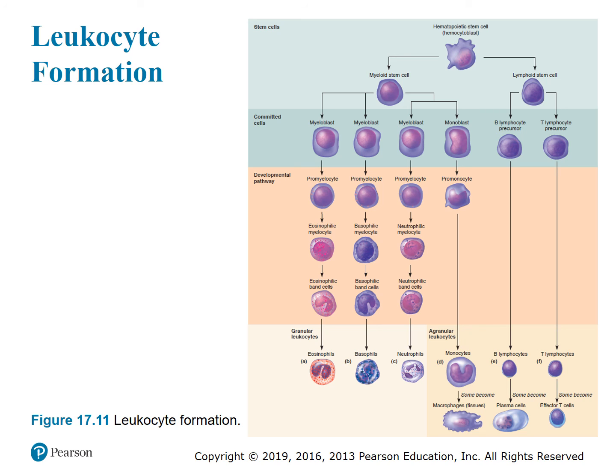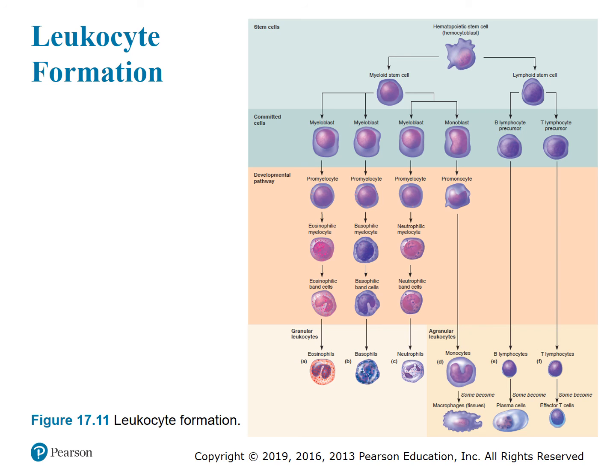The myeloblast, if you look at the second row, promyelocyte, basophilic myelocyte, basophilic band cells that give rise to basophils. Myeloblast, the third row, can give rise to neutrophils.